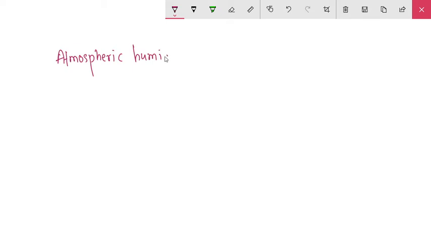Atmospheric humidity means the amount of water vapors present in the air. This atmospheric humidity is inversely proportional to the transpiration.